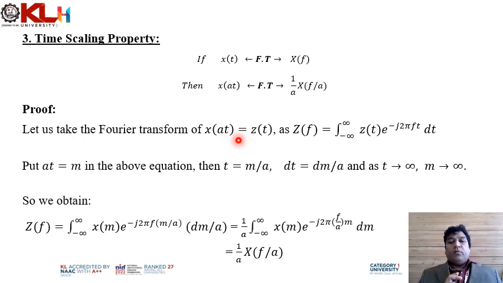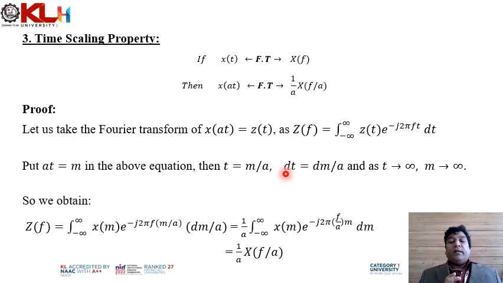So we are going to write the Fourier transform as the integral, whatever is the new variable x of at, we are taking as z of t multiplied by e power minus j 2 pi f t dt. Then here we are going to substitute whatever is that at as a new variable m. Therefore we will get t as m by a, and the variable of integration dt will be dm by a.